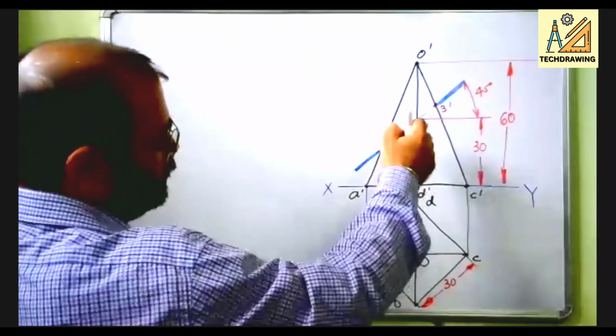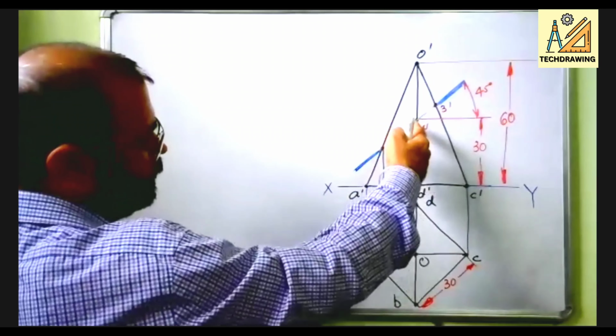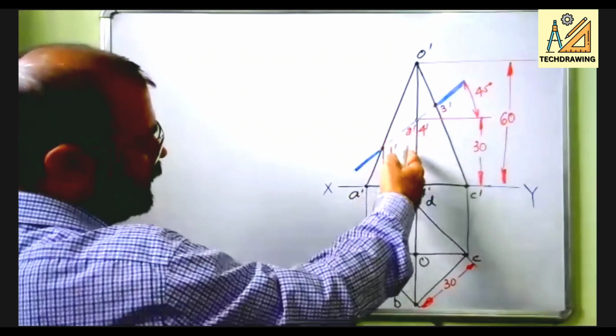Then 2, from 2, if you draw the projection line, it will not intersect anywhere, since it is a collinear line. So from 2 and 4, you will not be able to intersect. Let us draw it from 3.